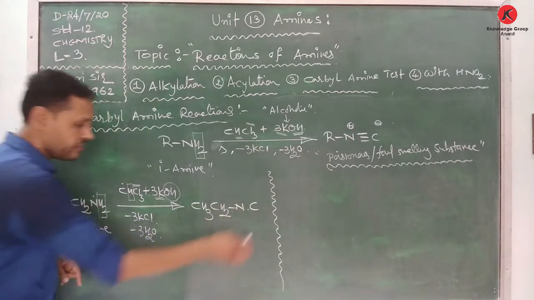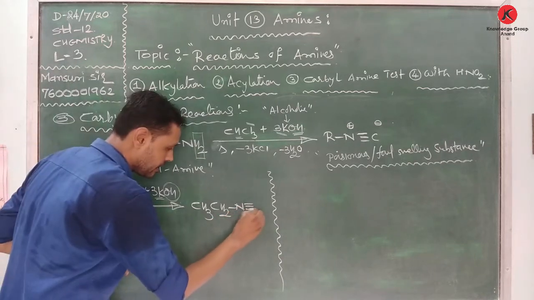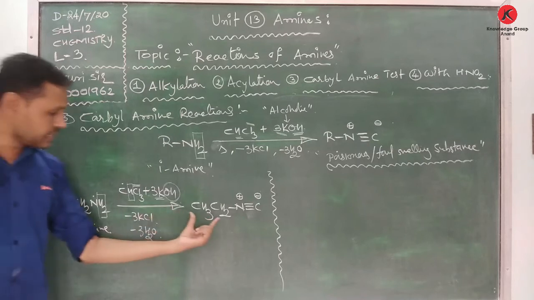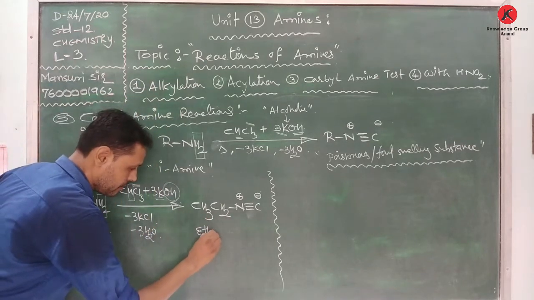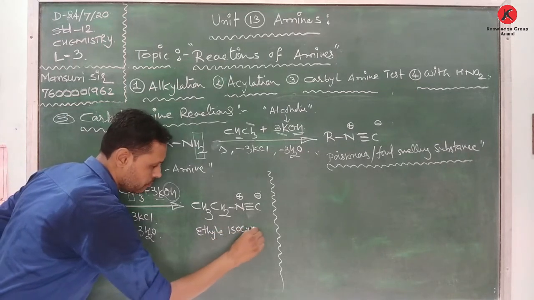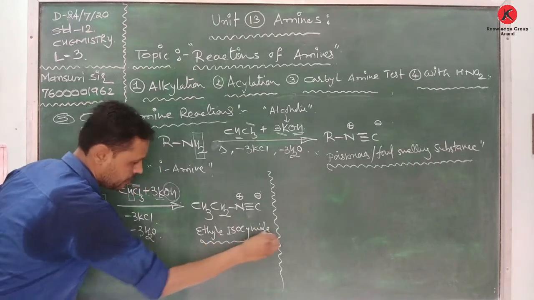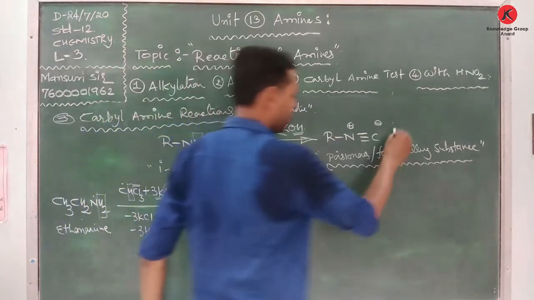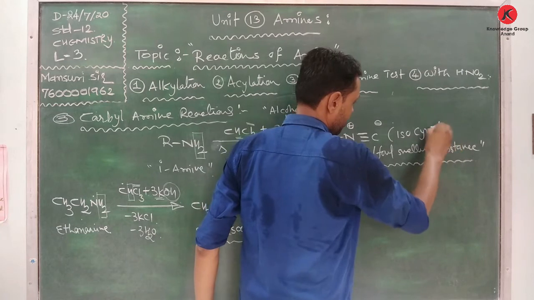But whenever you are putting NC, you have to write in this manner: ethyl isocyanide. Here you can put only isocyanide.